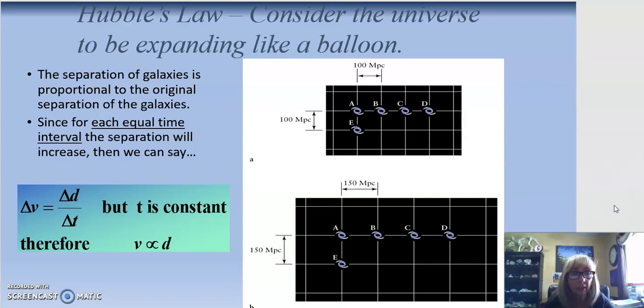You could be B, you could be C, you could be D or E or A, doesn't matter. Whatever spot you are in the universe, everything is moving away from you in the same amount of time, in every which way. So if you look at the top graph, you've got them all spaced that particular way, and then as time goes on, they all are moving away at those intervals.